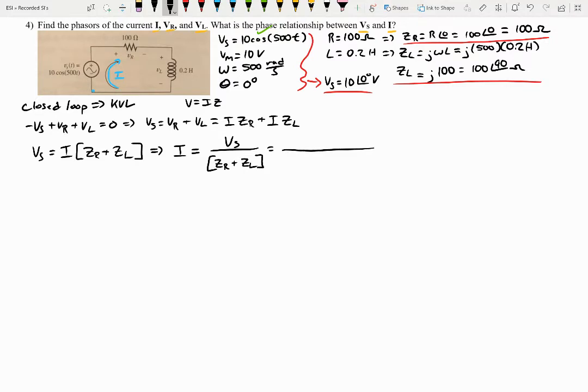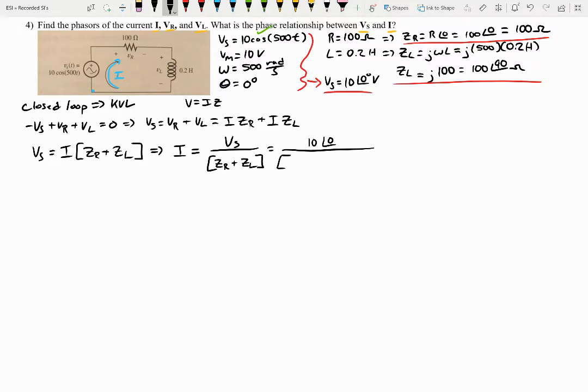Let's just go ahead and plug all these values in. So I see here that I've got an addition and then a division. So I know that I'm going to be dividing the voltage source, so I'll just go ahead and leave that in phasor. Like we had said in the concepts previous to this, we want to do multiplication and division with phasor. And then in the bottom here, we have an addition.